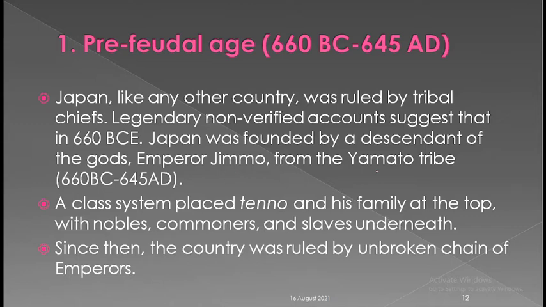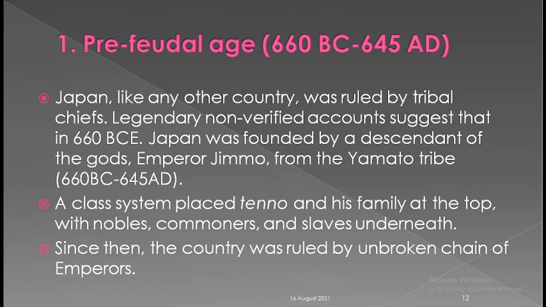And this family, the Yamato tribe, ruled the country till about 645 AD. That means about 1000 years. During this time, a class system placed Tenno, the emperor, and his family at the top, with nobles, commoners, and slaves underneath.